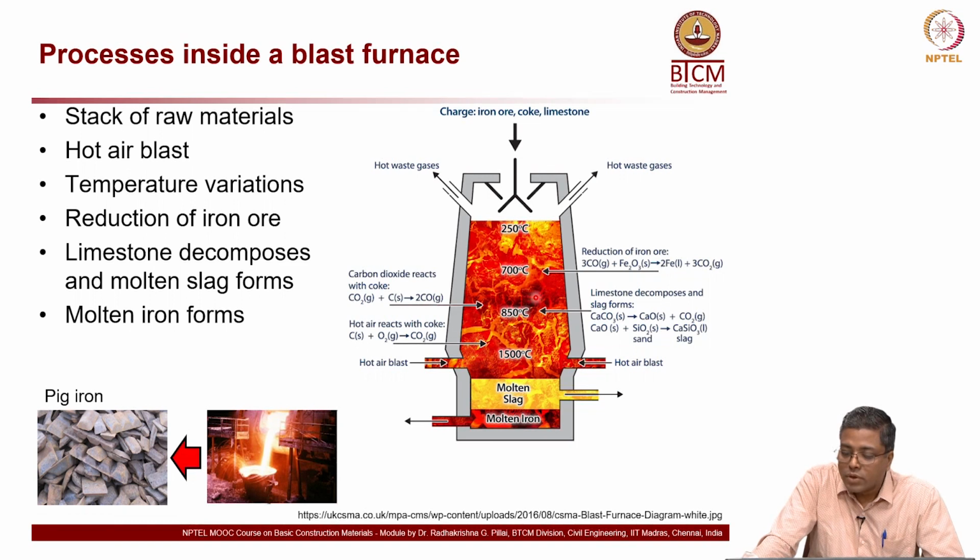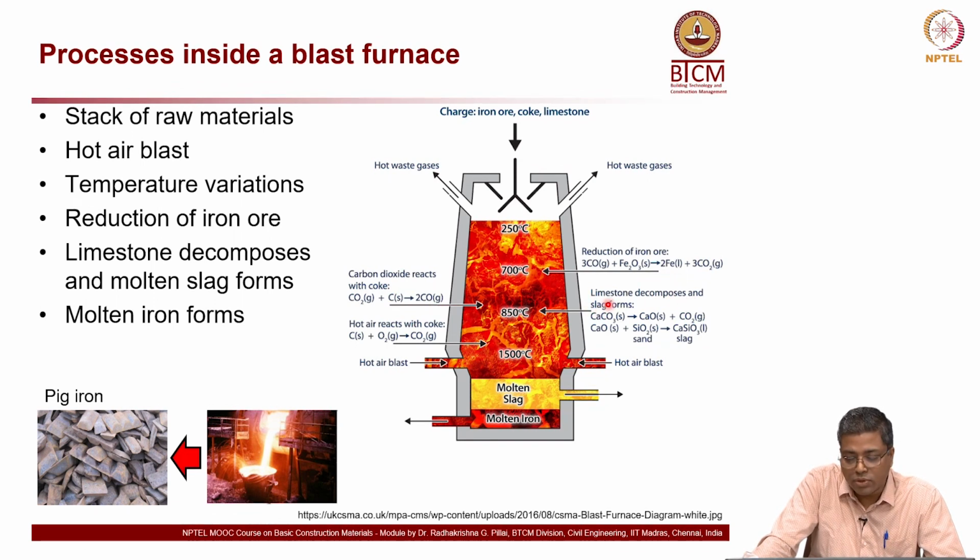As the temperature increases, you also have the carbon dioxide reaction and reduction of iron ore, and limestone also decomposes at this temperature. As you move down into the furnace, you see that limestone starts decomposing, and what is formed?